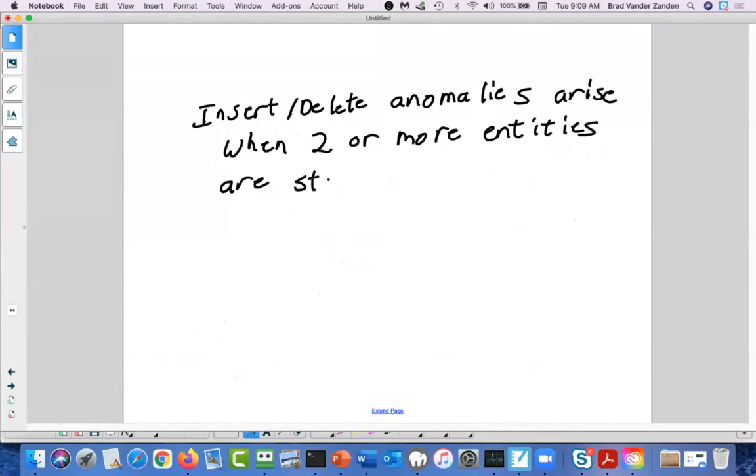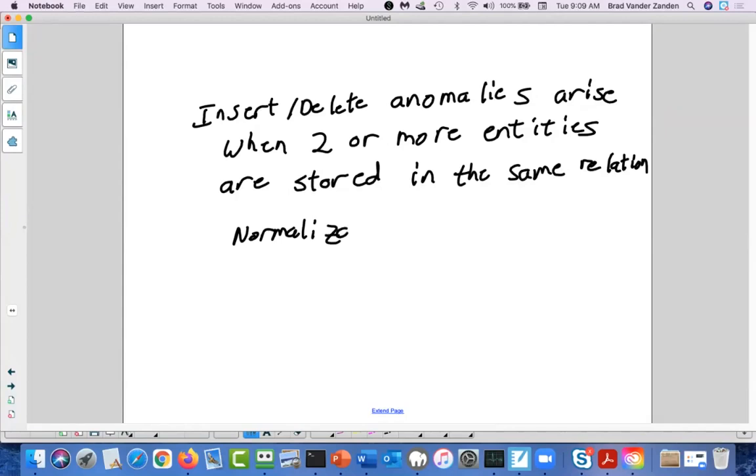So normalization is going to ensure that we only store one entity per relation. Okay, so basically with normalization, it will ensure one entity per relation. So that's where you get your insert and your delete anomalies.